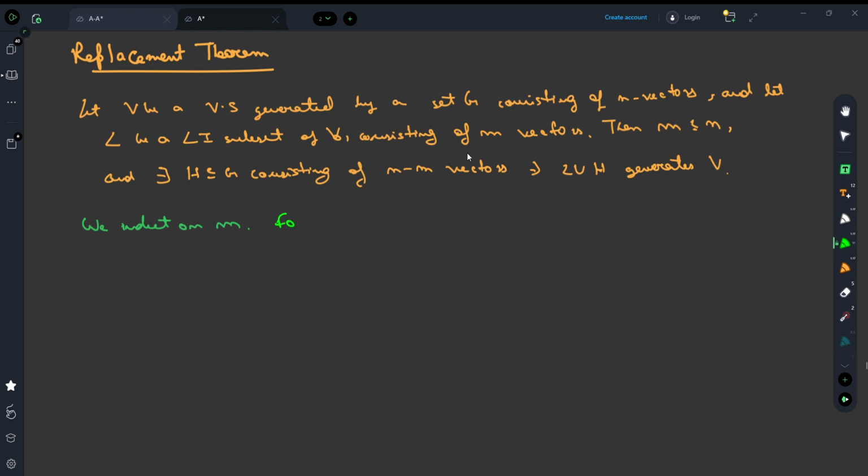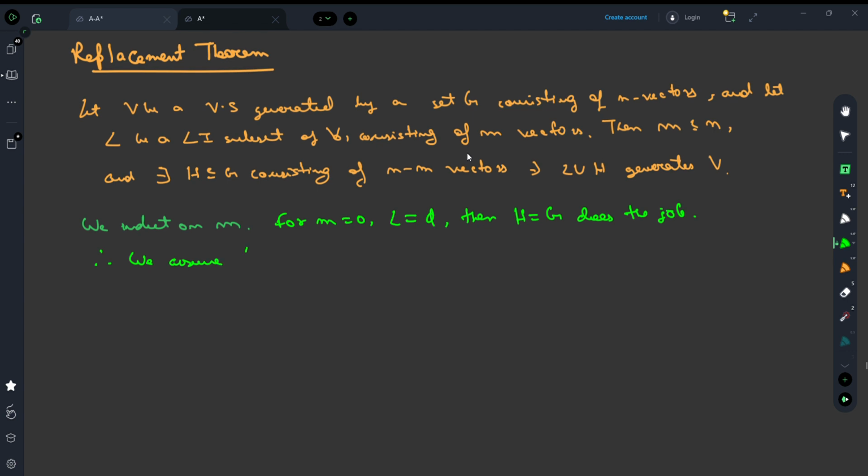If m is equal to 0, L is empty, right? So if L is empty, then the statement is vacuously true for H equal to G, because we already have by our given hypothesis in the theorem that G generates V. Then H equal to G does the job, right?